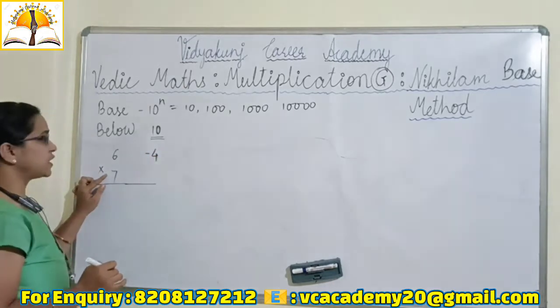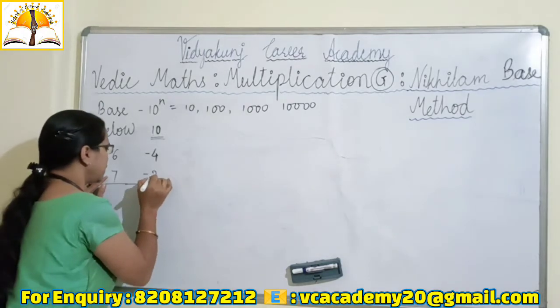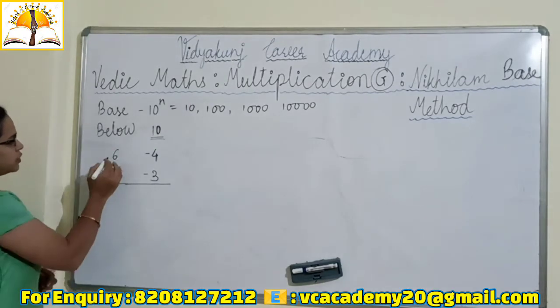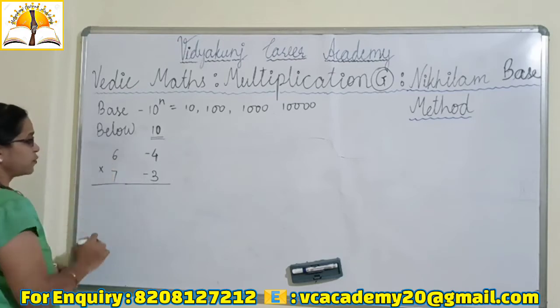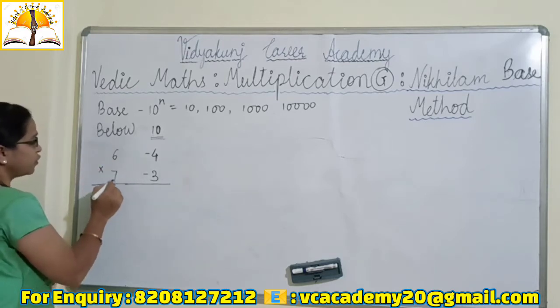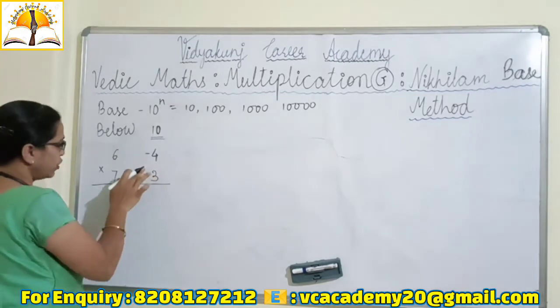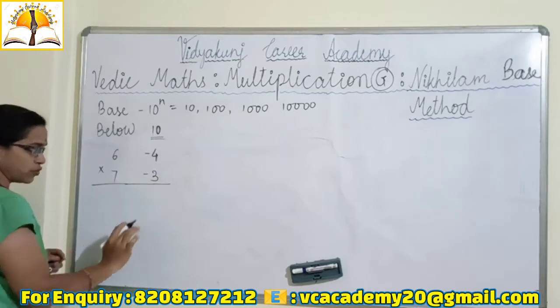For 7 to complete 10, how many are required? Minus 3. In short, what is the complement of 10 for 6? 4. For 7? 3. So I have kept minus, you have to understand.